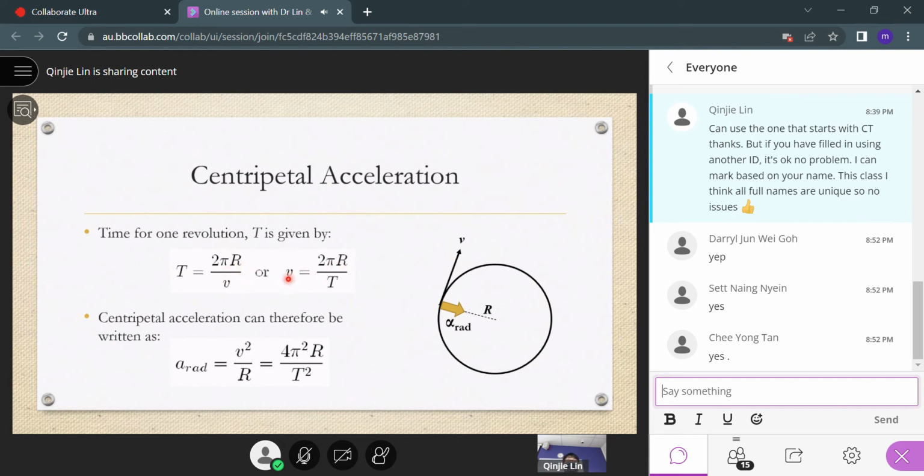And then if you rewrite it, you can also write it in another form. So this is the velocity. Basically, it's the same thing. So centripetal acceleration can therefore be written as, just now this formula is for centripetal acceleration, v squared over R. If you substitute this v inside here, you can find the centripetal acceleration in terms of your period also.